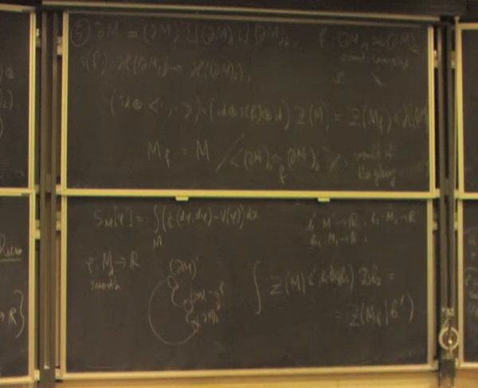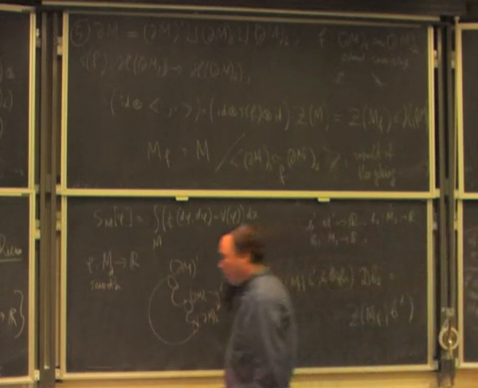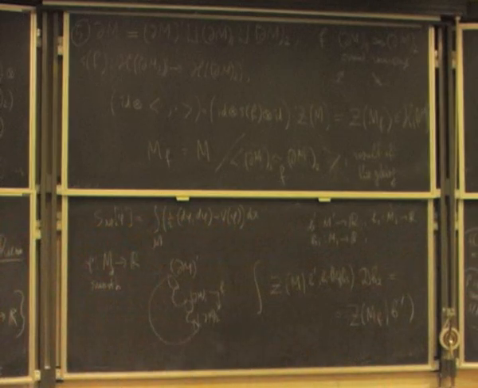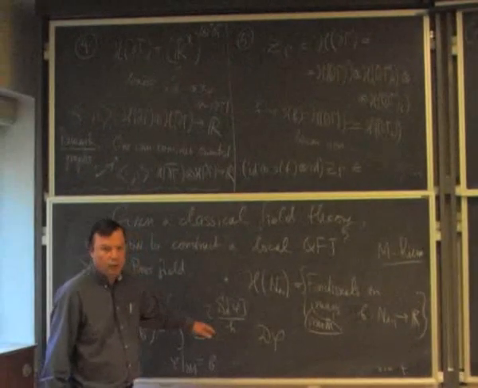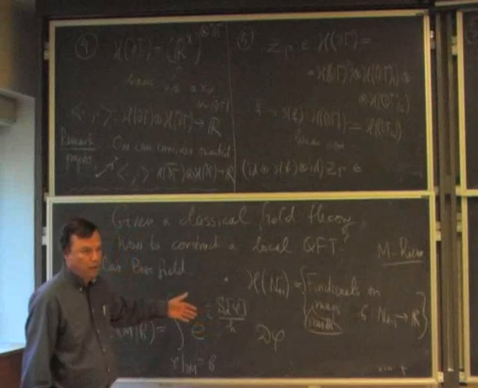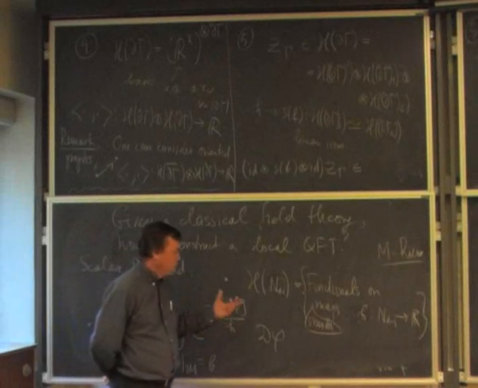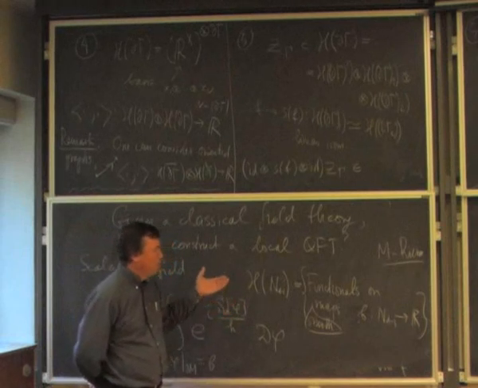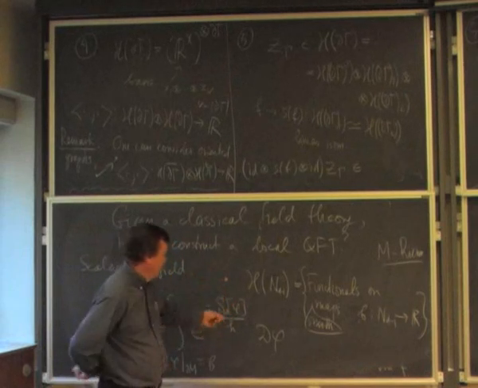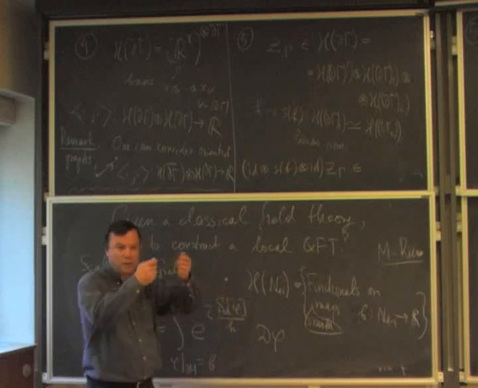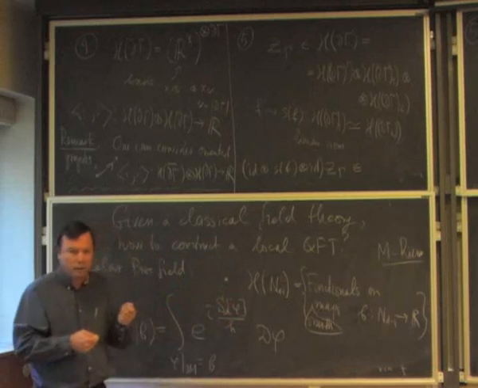So, and of course, what is written here is some kind of naive continuous analog of what we had for graphs. For graphs, instead of a manifold, we had a graph, and instead of classical fields, we had these states on edges.